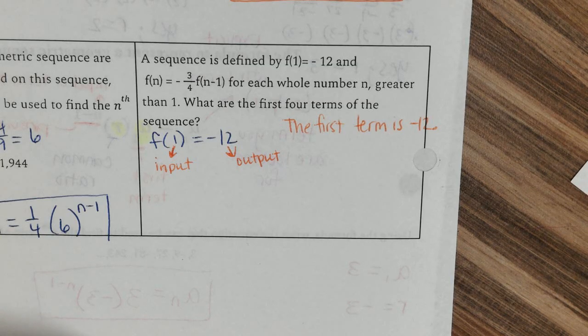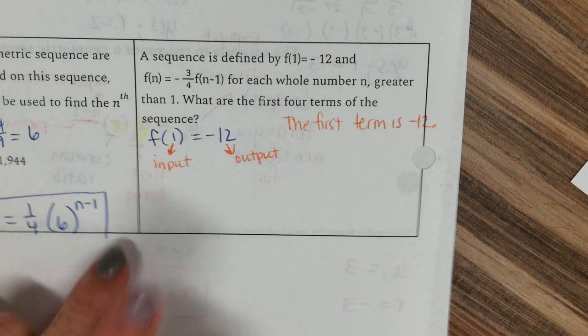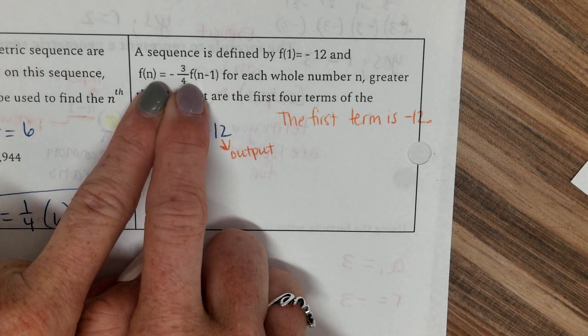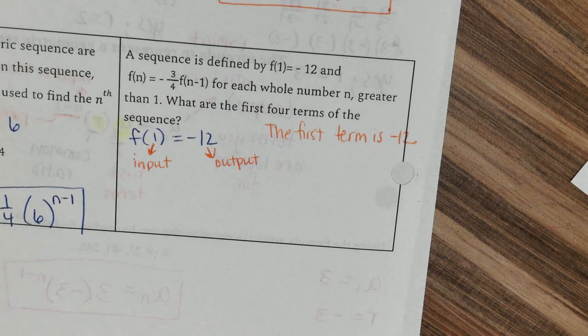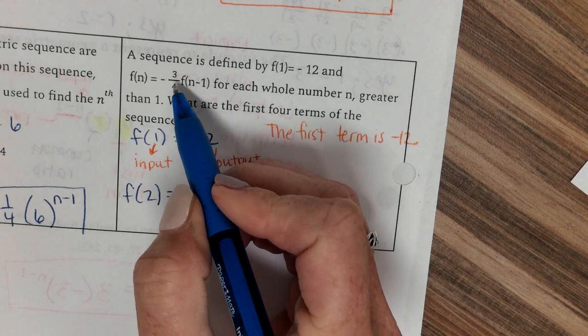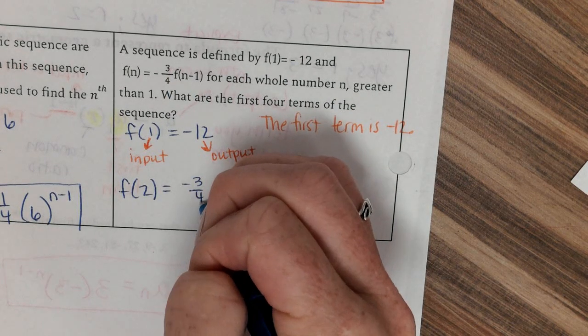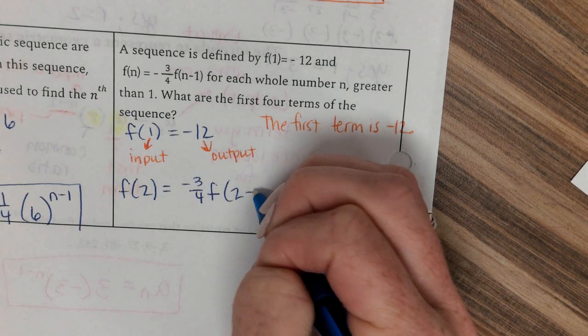Guys, all you have to understand is that they're taking the first term. Let me make sure I'm explaining this right. They're taking the first term and multiplying by what? Negative 3/4. Okay? But they're showing you it in a different way. So I'm going to show y'all. To find the second term, f of 2, you would take negative 3/4 and you would multiply it by the function 2 minus 1.